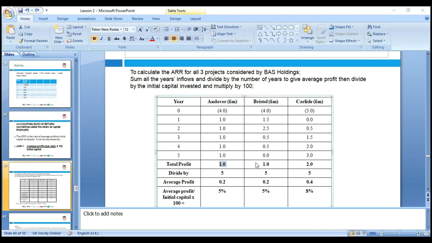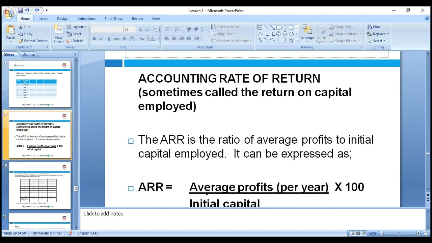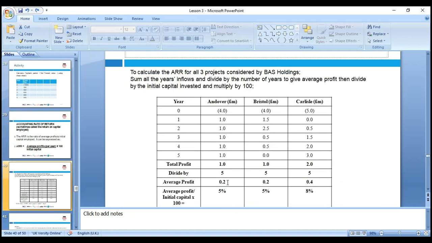How many years am I taking to get 1 million profit? 5 years. 1 divided by 5, so we get average profit of 0.2 million. What is the formula? Average profit divided by initial investment. So average profit is 0.2 and investment was 4.